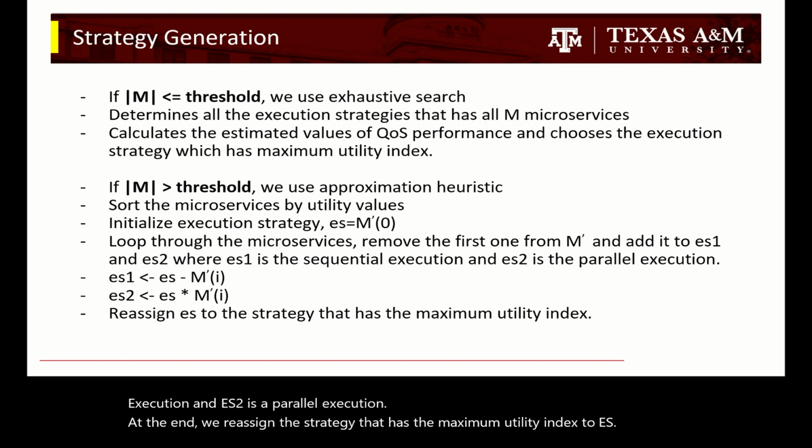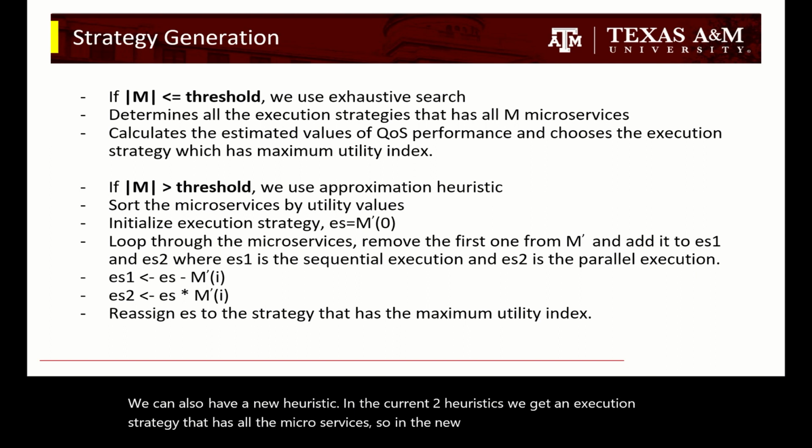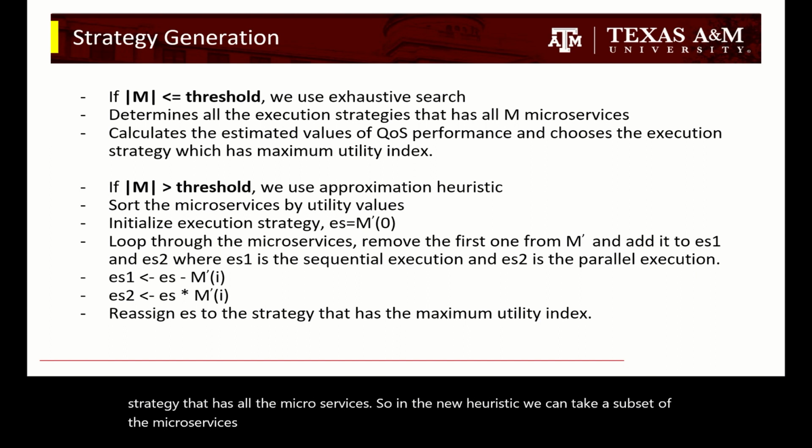We can also have a new heuristic. In the current two heuristics, we get an execution strategy that has all the M microservices. In the new heuristic, we can take a subset of the microservices, but in that case, we will have to face a few consequences whenever a used microservice is not available.